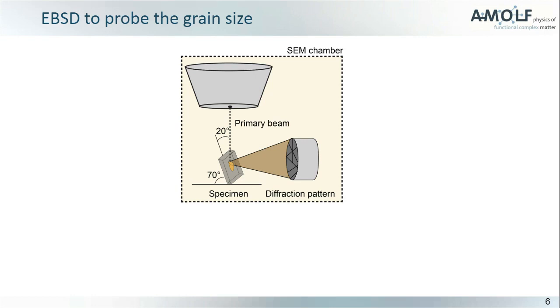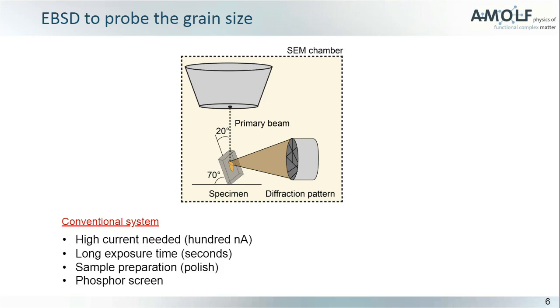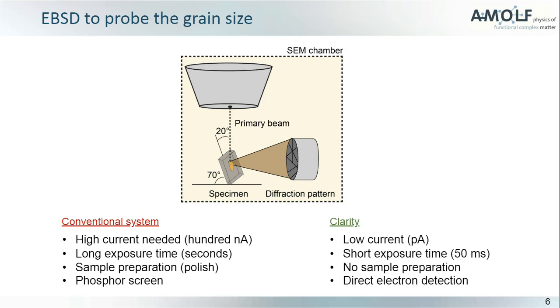But the problem is that, of course, in a conventional system, you need very high current to get a decent pattern. Also, you need to have long exposure time, and you have to polish your sample. On the other hand, we have the Clarity detector, which is the one that we have used for this specific project.